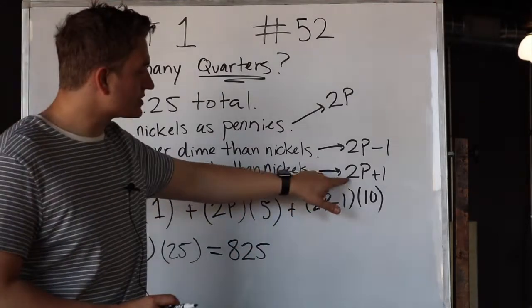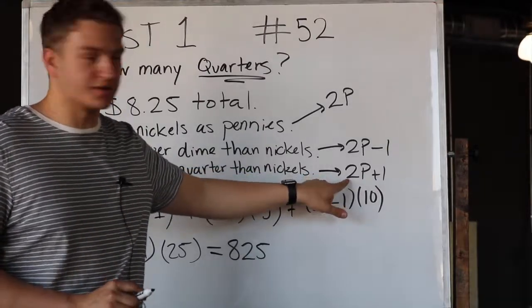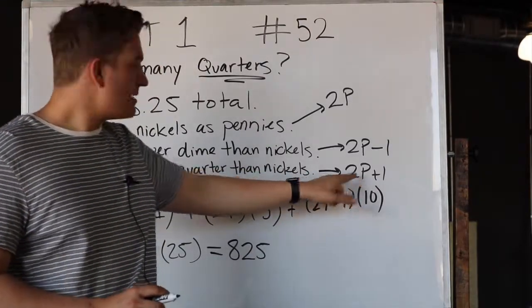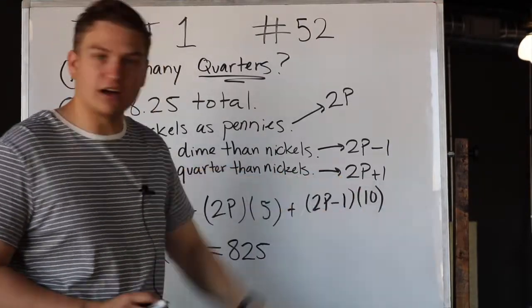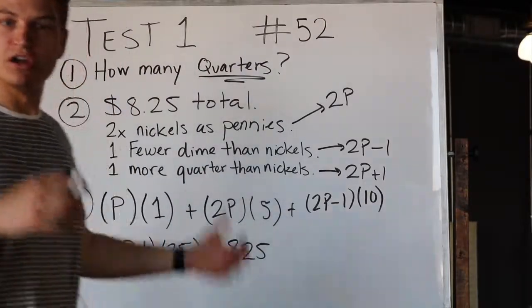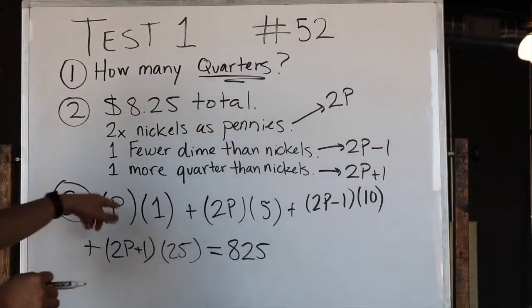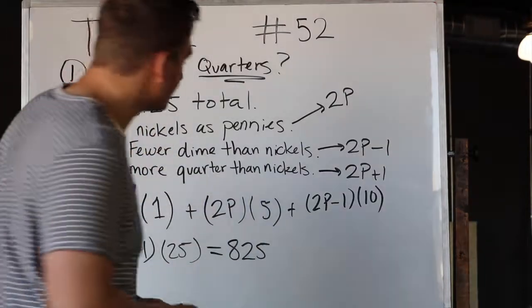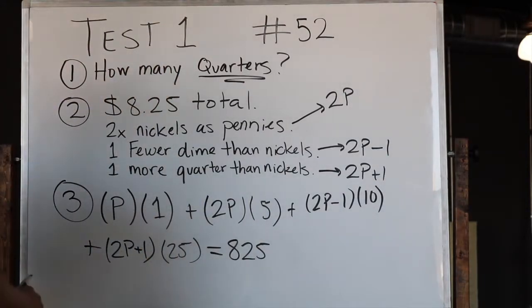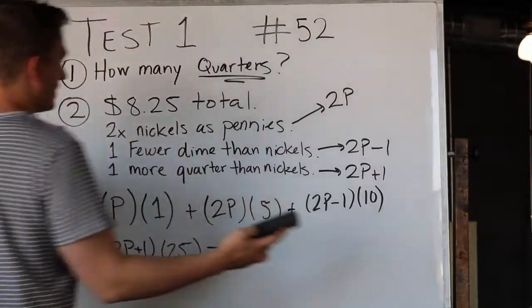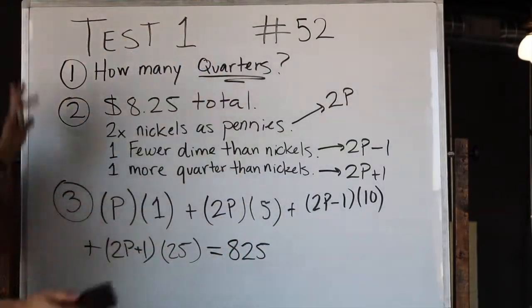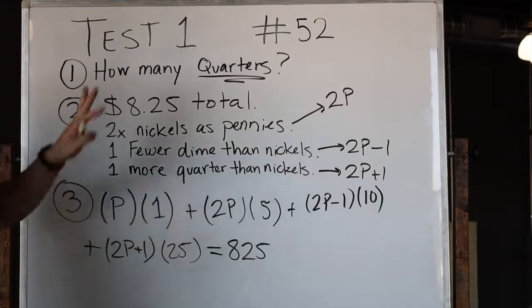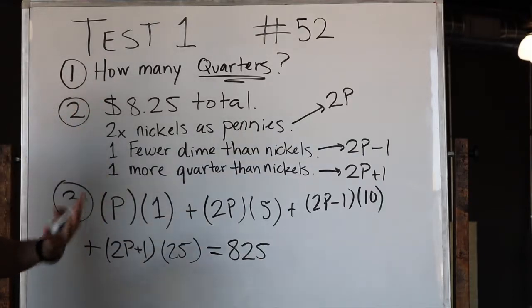If I know there are 2P plus 1 quarters, if I can solve for P and plug it in right here, it will tell me exactly how many quarters there are. So that's exactly what we're going to do. We're going to solve for P, and that will in turn tell us how many quarters there are. If you need to pause the video to take a look at what's happening here, I know this is a kind of complicated problem.